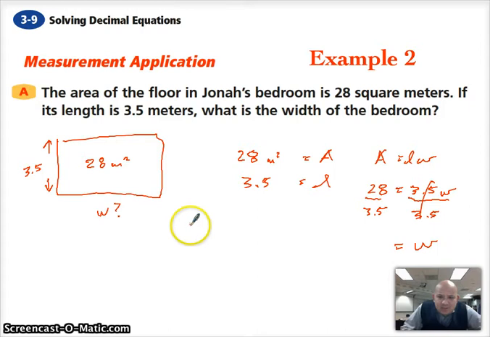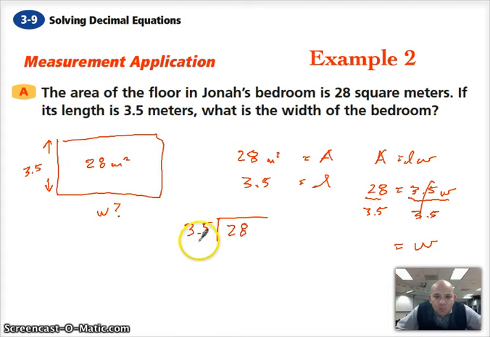How many times does 3 5/10 go into 28? This is where things can get a little messy. Here we have a whole number divided by a decimal. We know in the divisor we can't have a decimal, so we're going to move that over one place value. So now it's 35 divided into, well, if I move the decimal point once in the divisor, I need to do so in the dividend.